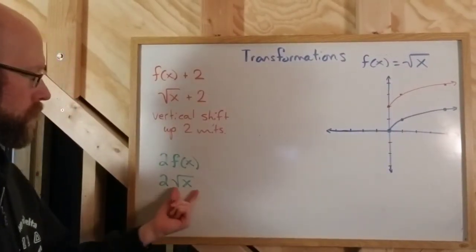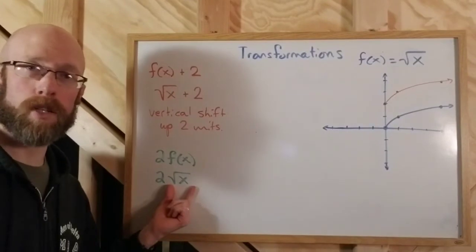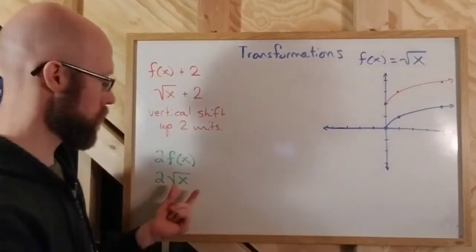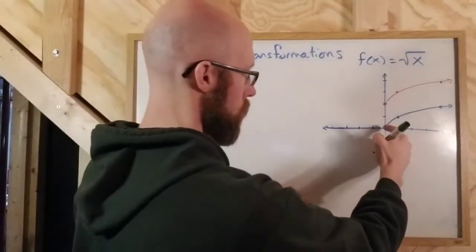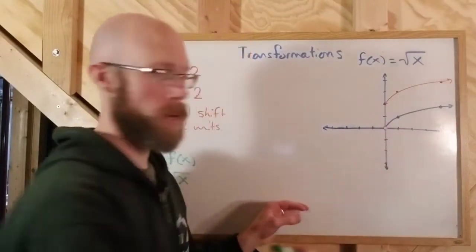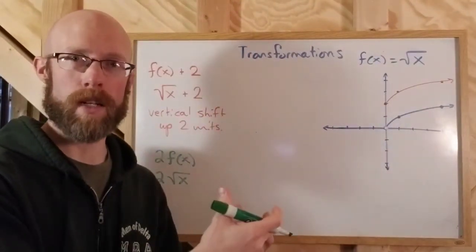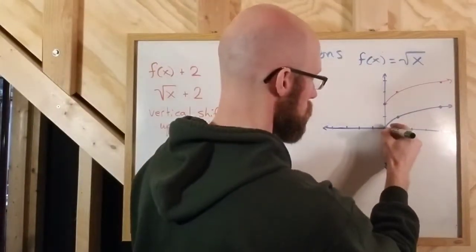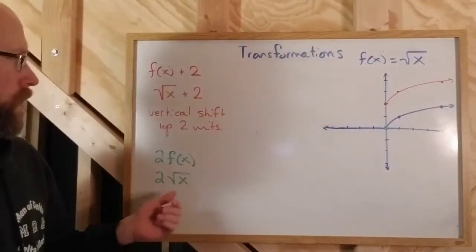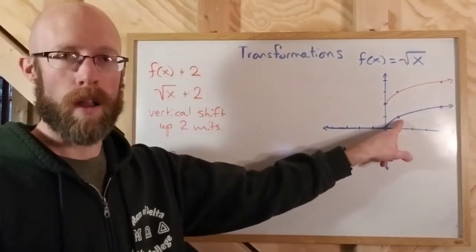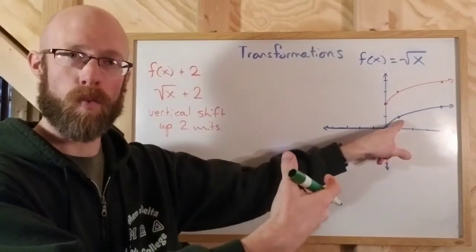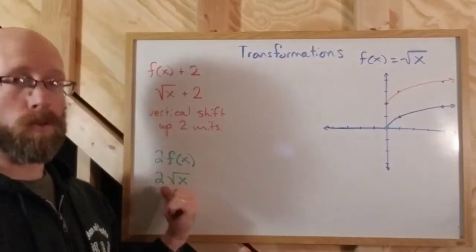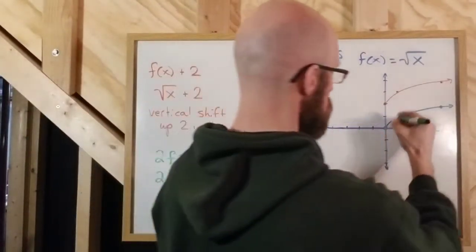Okay. All right, so using that relationship, basically you take each of the outputs and multiply by 2 and you get a point. So in our case, you would take (0, 0), multiply the output 0 by 2, and you get 0 still, right? So that one didn't actually move, didn't go anywhere. Take (1, 1). You take the output, which is 1, multiply it by 2, you get 2, right? 1 times 2 is 2.